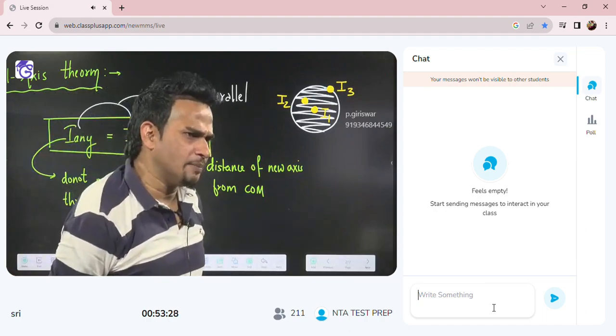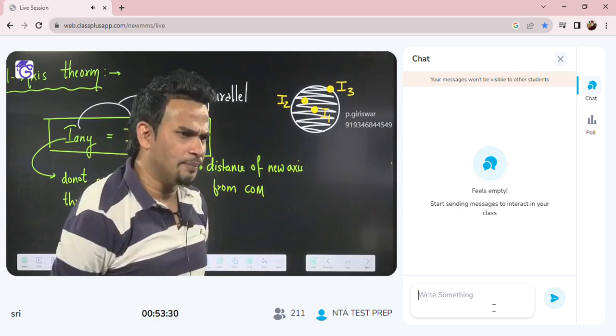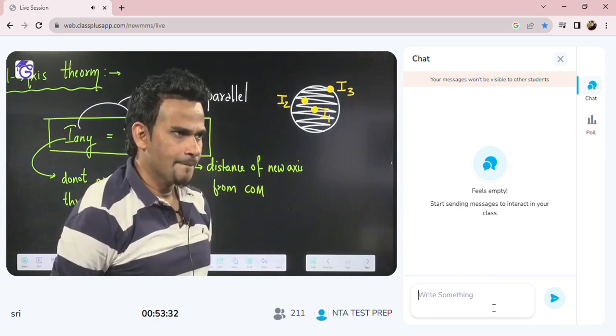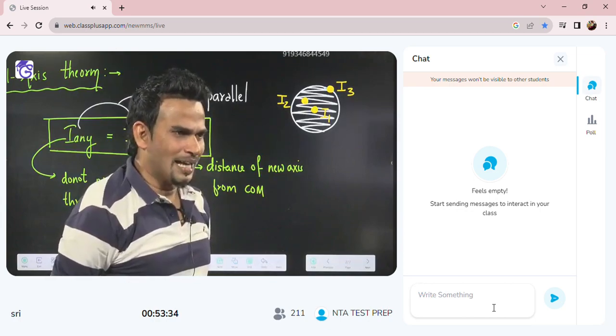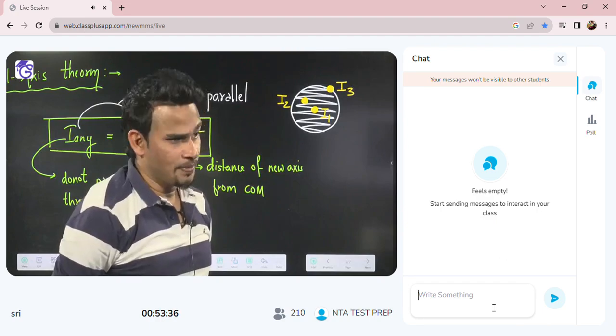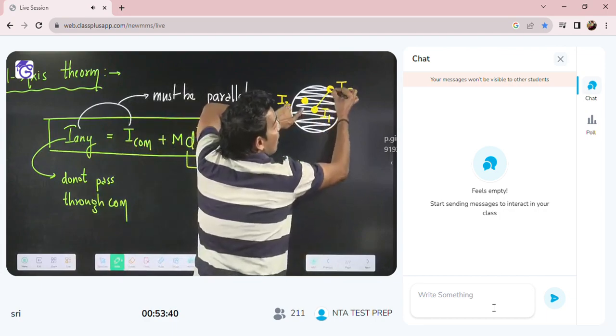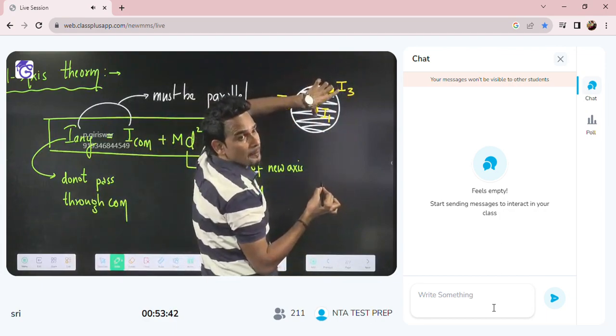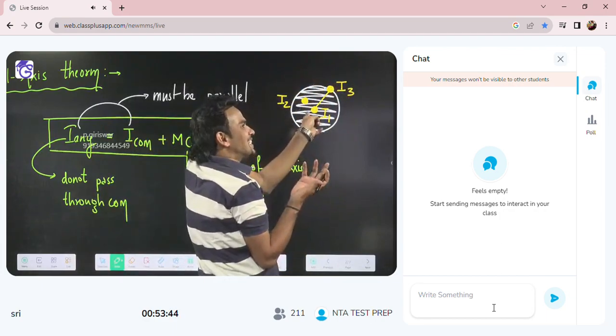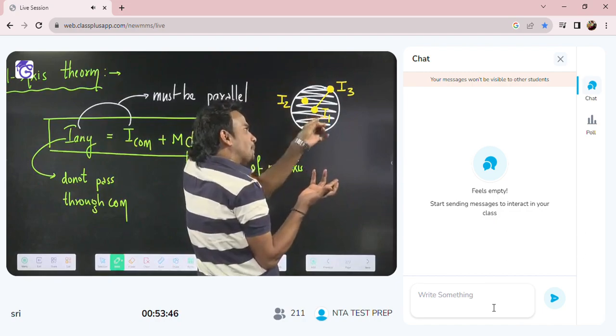Which is maximum? Which is minimum? I3 will be more because distance from center is more. I3 will be maximum. I1 will be minimum because distance is 0. That is the central axis passing through center.